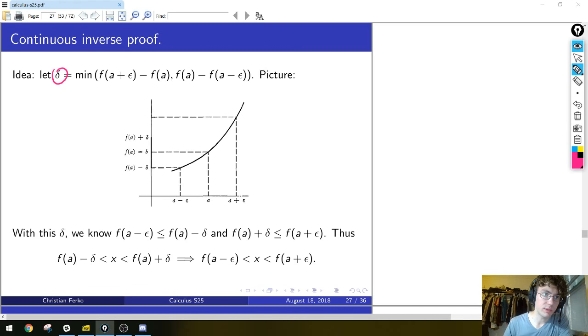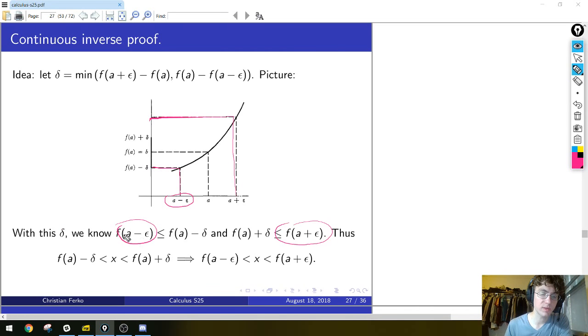If we choose that delta, we have to prove that we are epsilon close on the horizontal axis, which is the output of the inverse. So by construction, with this delta, we know that if you apply f to a minus epsilon, which is this endpoint, and if you apply f to a plus epsilon, which is this endpoint, you've chosen your delta to be the smaller of the two.